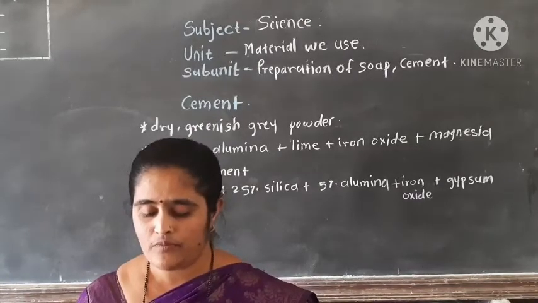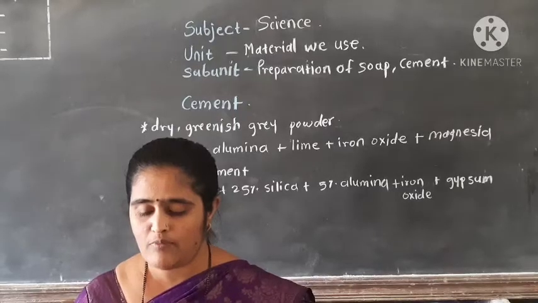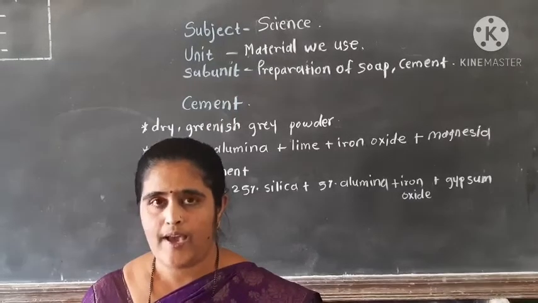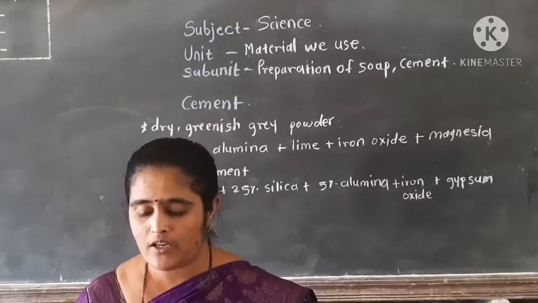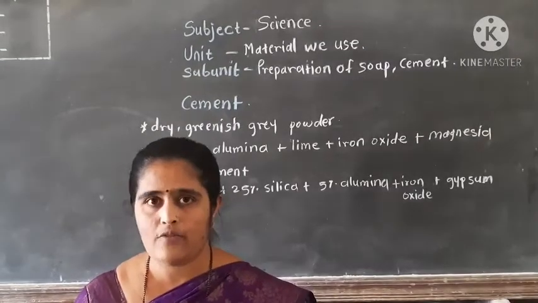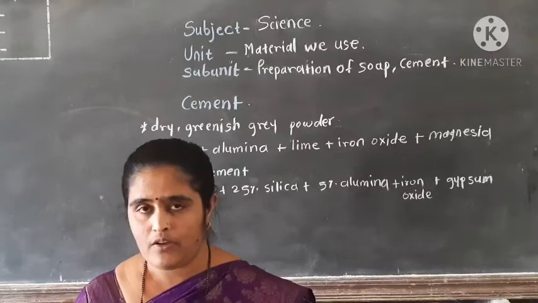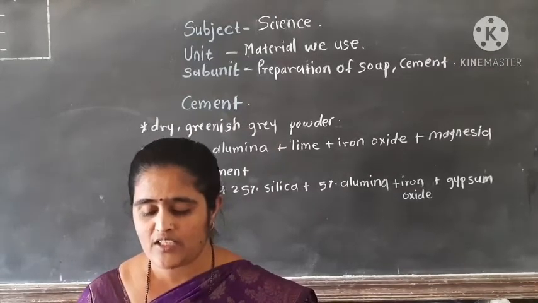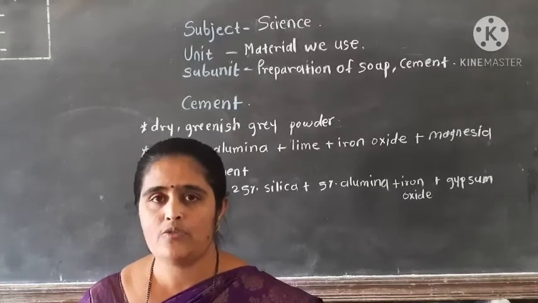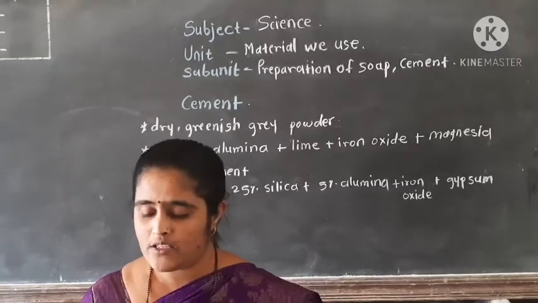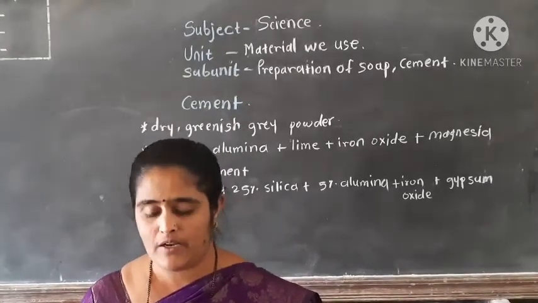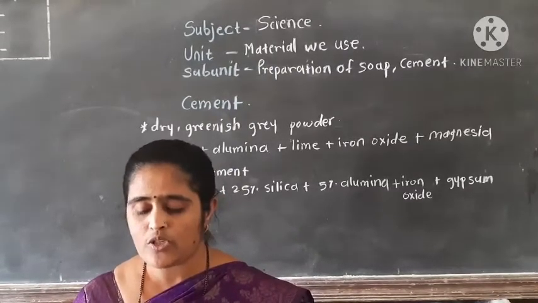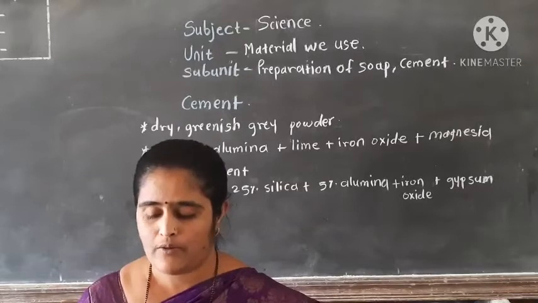Next question: synthetic detergents can be used in dash dash water as well. The answer is hard water. Next question: for construction purposes, dash dash cement is the most commonly used cement. Your answer is Portland cement.